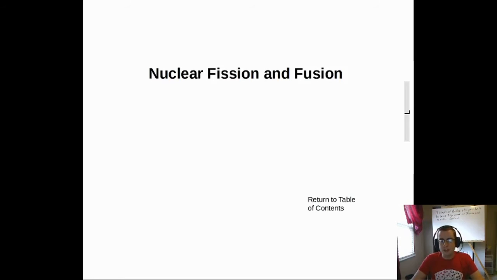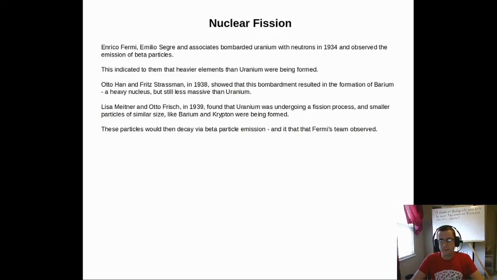All right, nuclear fission and fusion. At the beginning, Enrico Fermi and Emilio Segre, I probably pronounced that one wrong, were the first ones to really discover this fission stuff, because we knew that nuclear reactions could occur. We knew that if you hit something with neutrons, it could take it on and turn into a new element.